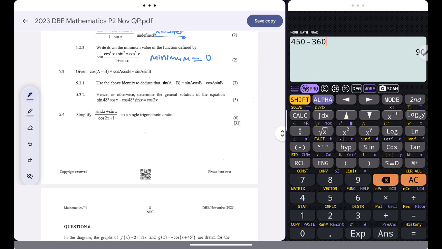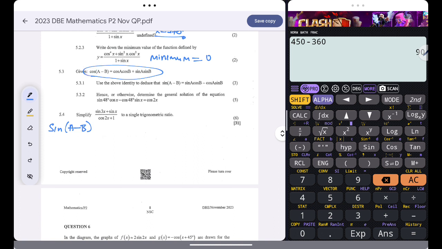5.3. I'm given the compound angle for cos. Use the above identity to deduce the compound identity for sine. I want to know what sine of a minus b is equal to altogether, but for me to deduce that, I must use whatever I'm given there.